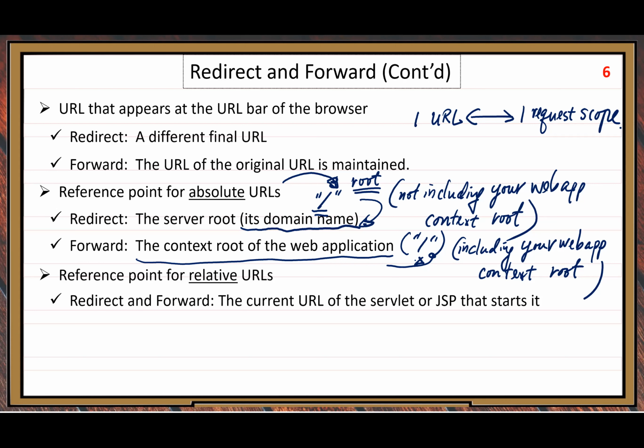Let me do it this way next time. In my Wednesday lecture, at the beginning, I may run some simple examples. Let me use about 15 minutes to run some simple examples related to redirect and forward, and I will also explain them.